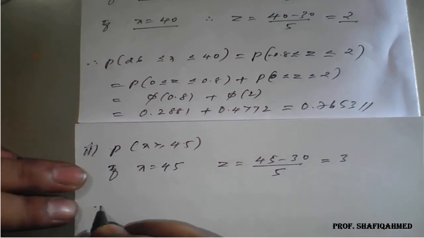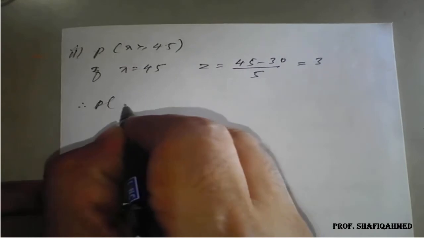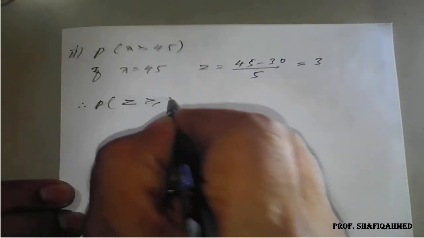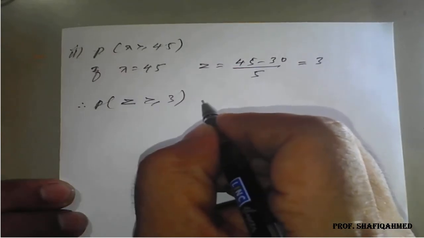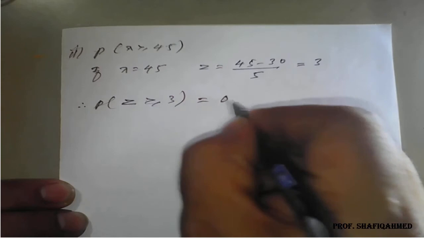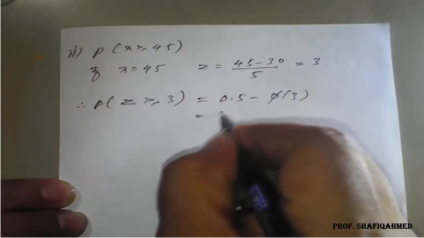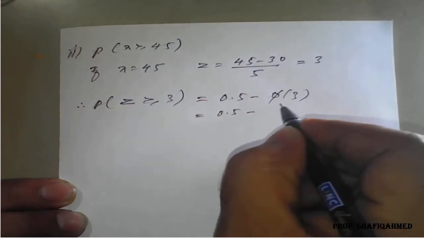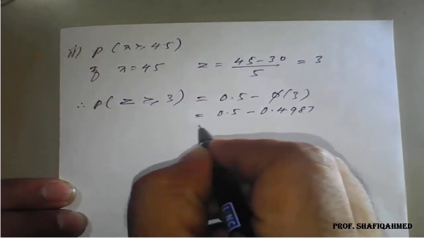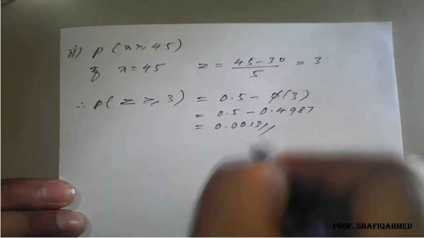Therefore it will be P of z greater than or equal to 3, which means 0.5 minus phi of 3. So 0.5 minus phi of 3 is 0.5 minus 0.4987, which is nothing but 0.0013.